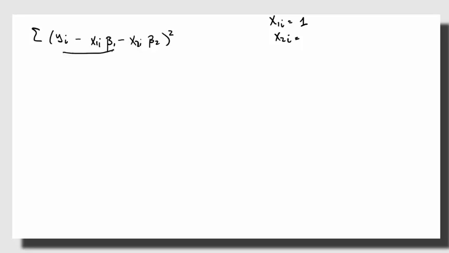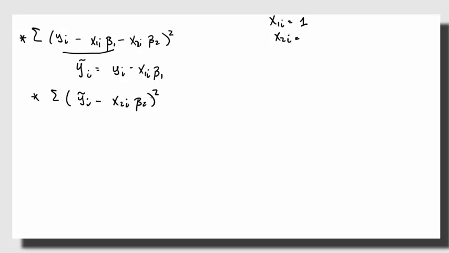Imagine if I were to just know beta1, or fix beta1. Then I define yi tilde to be equal to yi minus xi1 times beta1. And then this equation becomes the summation of yi tilde minus xi2 beta2, squared.